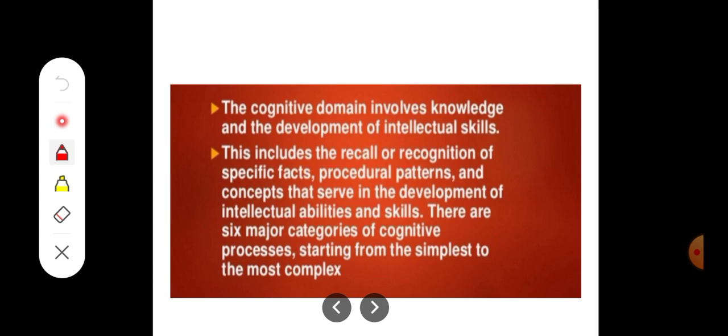This includes the recall or recognition of specific facts, recalling, remembering procedural patterns and concepts that serve in the development of intellectual abilities and skills. There are 6 major categories of cognitive processes, starting from the simplest to the most complex.